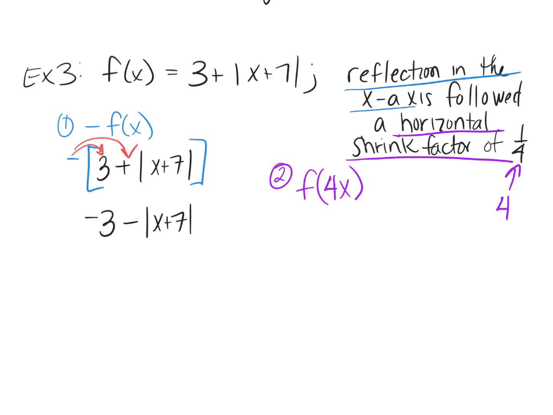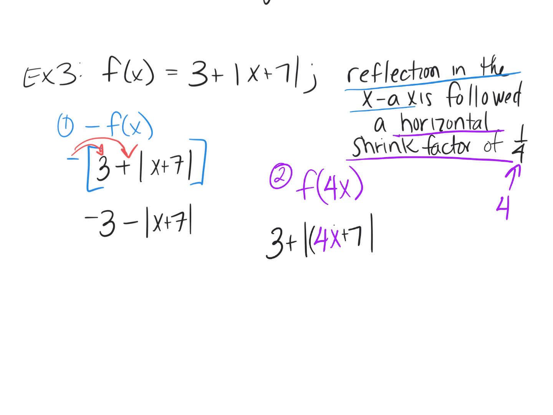Remember that shrinks and stretches are multiplied, reflections are a negative, and translations left, right, up, down are addition or subtraction. So for f of 4x, I'm going to take 3 plus the absolute value, and substitute 4x in for the x, plus 7.